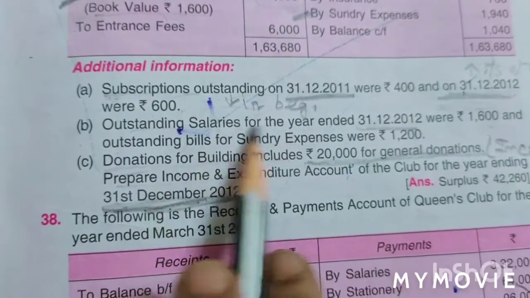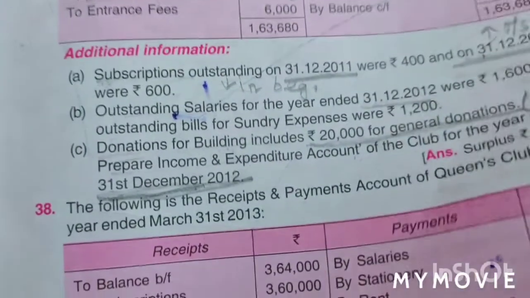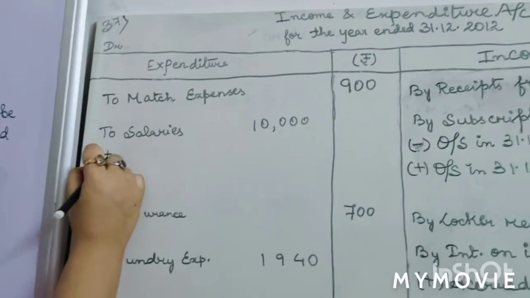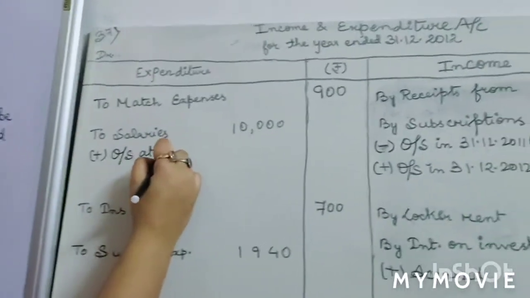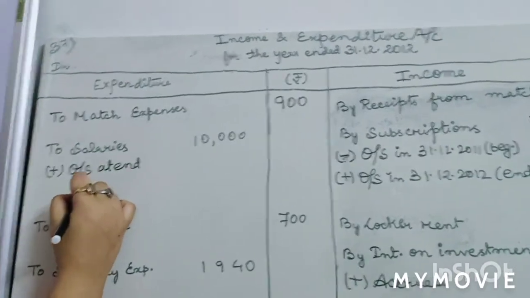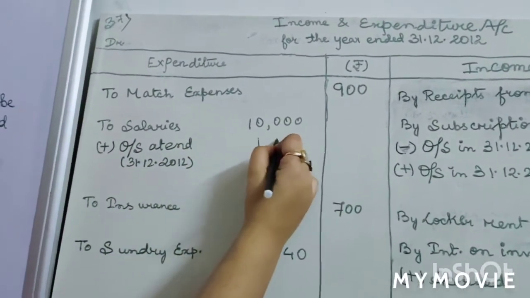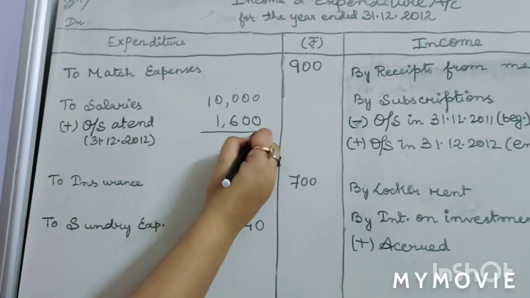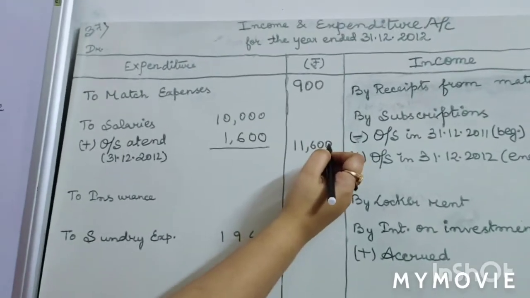Next adjustment is outstanding salaries for the year ended 31st/12/2012, means outstanding at the end. So that one should be added with our salaries. So add outstanding at end, that means 31st/12/2012, was 1,600. So the total is 11,600.